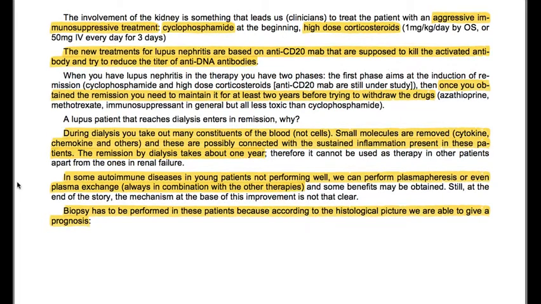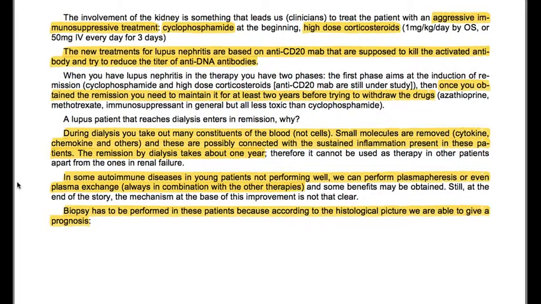The first phase aims at the induction of remission: cyclophosphamide and high-dose corticosteroids. Anti-CD20 mAbs are still under study. Then, once you obtain remission, you need to maintain it for at least 2 years before trying to withdraw the drugs: azathioprine, methotrexate, immunosuppressants in general, but all less toxic than cyclophosphamide.